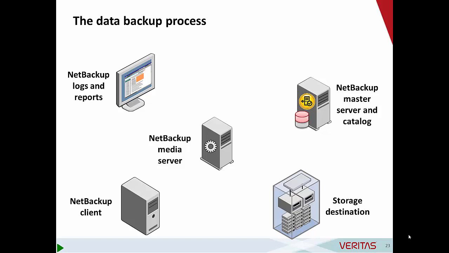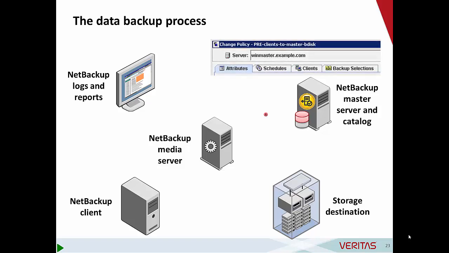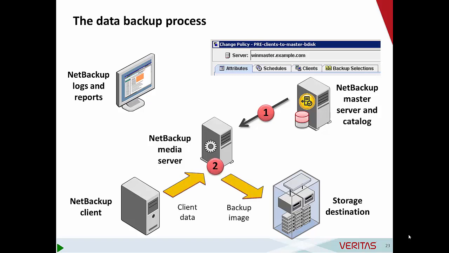Here's an overview of the data backup process in NetBackup. The NetBackup policies on the master server control everything that happens during an automatically scheduled backup. According to the start windows in the schedules contained in the policy, the NetBackup scheduler will determine when jobs are run, and the NetBackup master server will instruct the media server to reach out to the client, copy its data, and send it to the destination, either to tape or to disk.